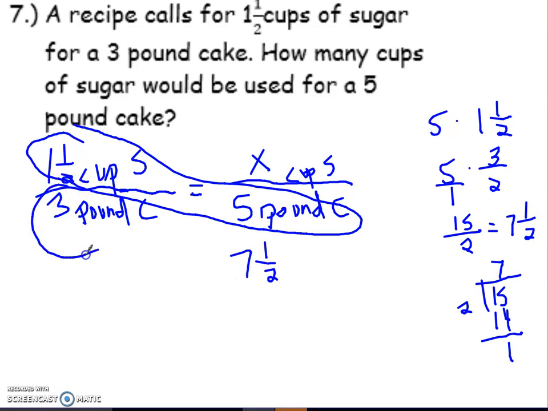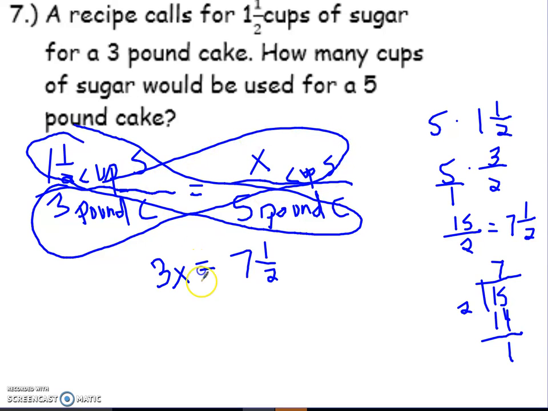Okay, then I'm going to divide 7 1/2 by 3. So 7 1/2 is actually 15 halves. So 15 halves divided by 3. We've got to keep it, flip it, change it.